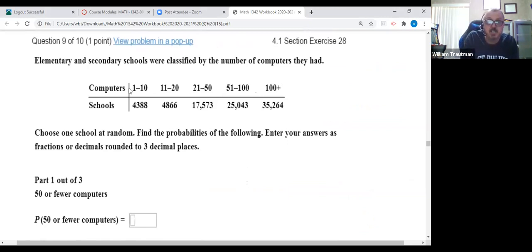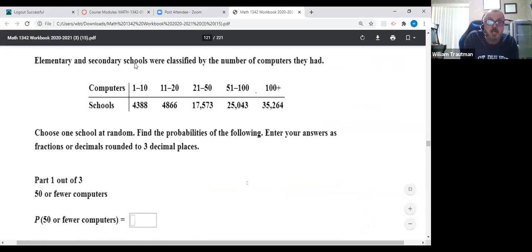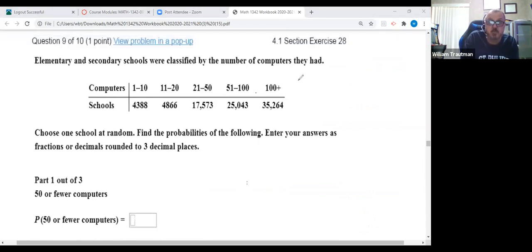Okay, so here it says elementary and secondary schools were classified with these number of computers. Choose one school at random. Find the probability of the following. Enter your answers in fraction or decimals to 3 decimal places. Probability of 50 or fewer computers.